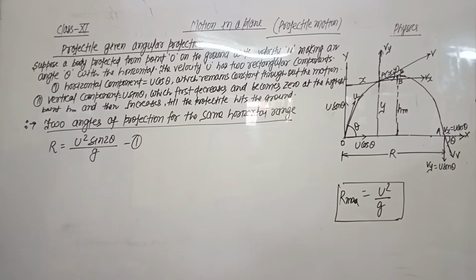The formula for range we derived, R equals u square sin 2 theta upon g.